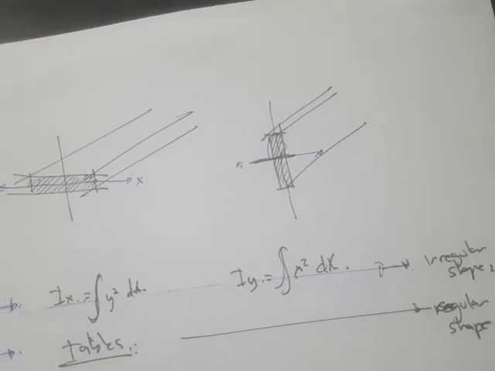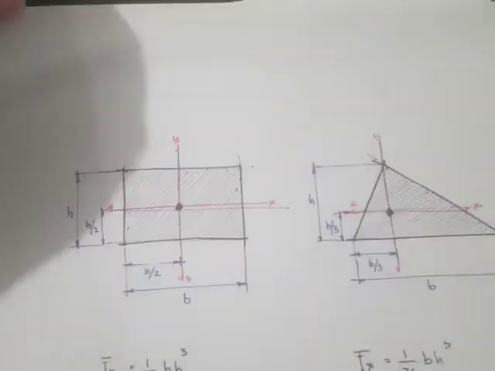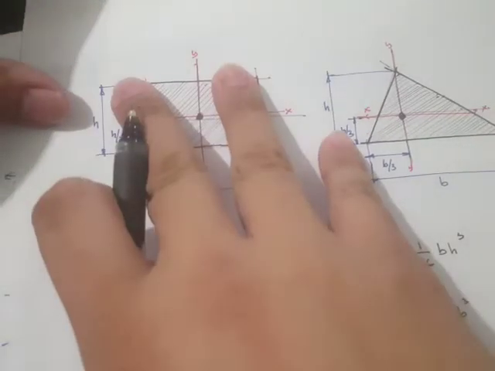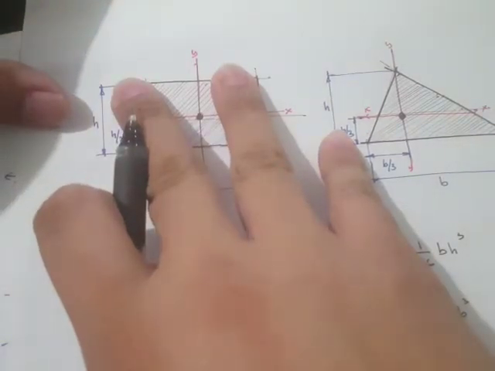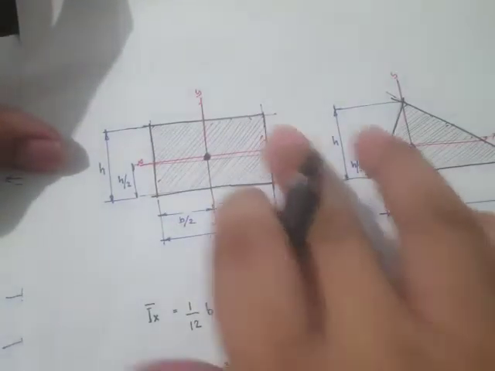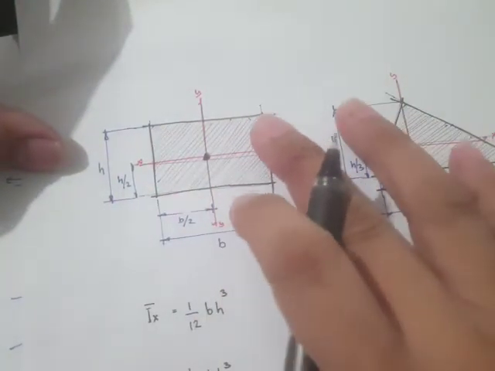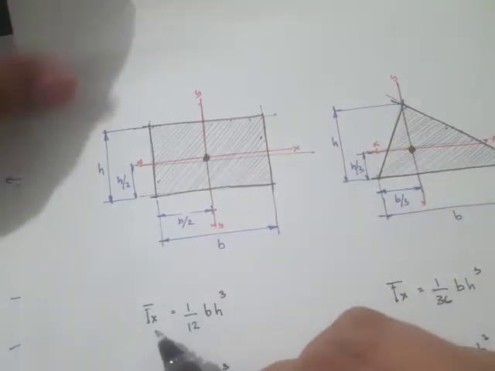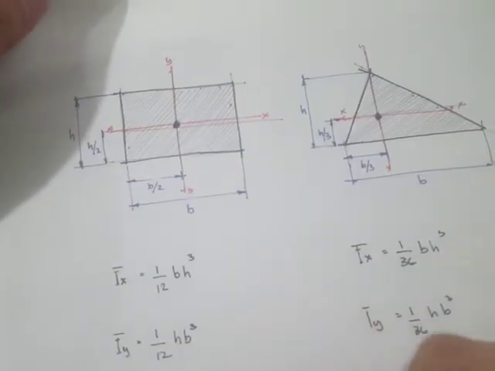Okay, so an example is this one. You can actually find this in the textbooks and many other references. Like, for example, we have a rectangular shape. Then what's our moment of inertia along x and moment of inertia along y?